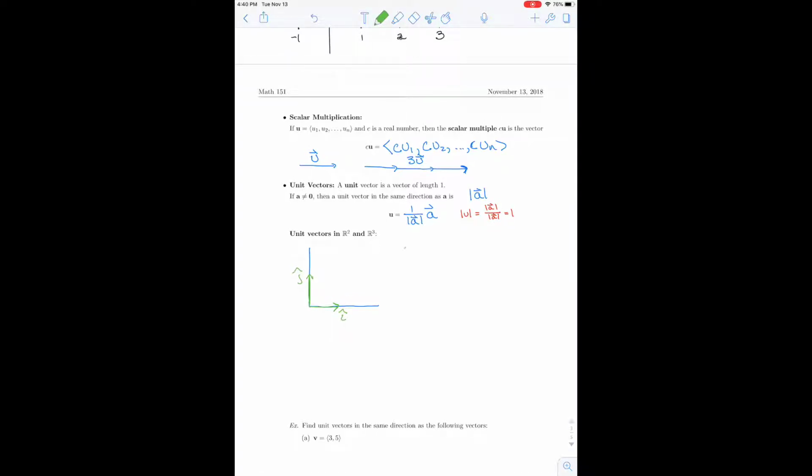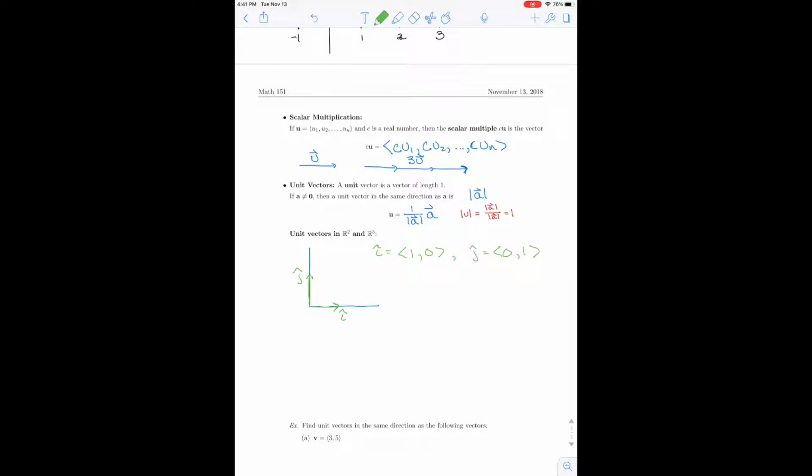So the equation for i is 1, 0, and j is 0, 1.